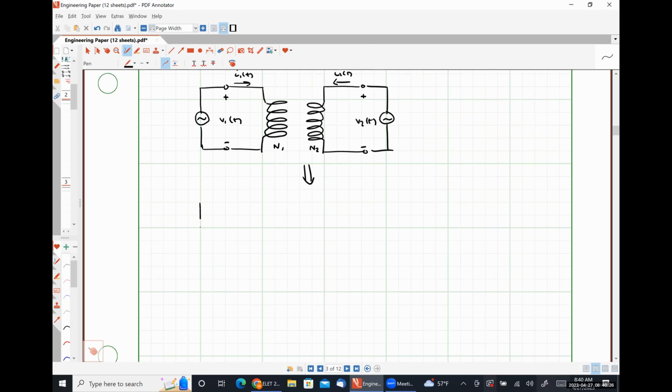So make sure I have enough room here. This is only going to be big for the way that I'm drawing it right now, so I can define the voltage very specifically. So we know that the voltage drop across coil 1 is going to be L1 di1 by dt plus M di2 by dt.